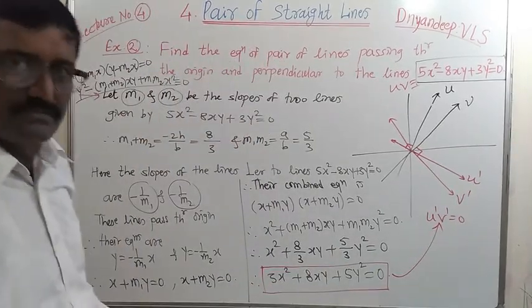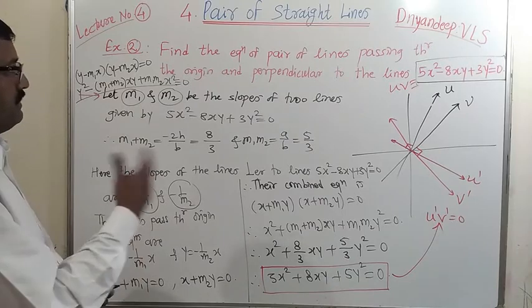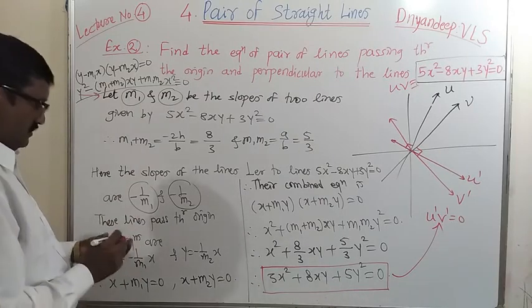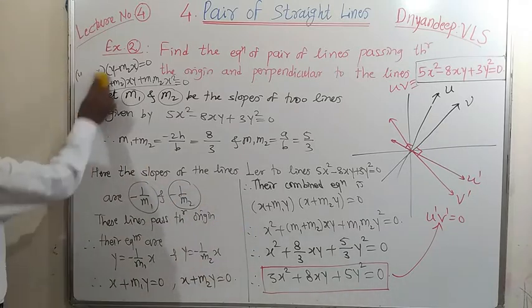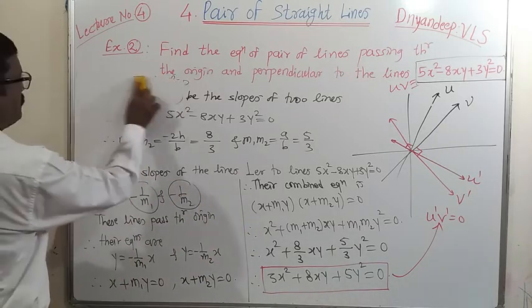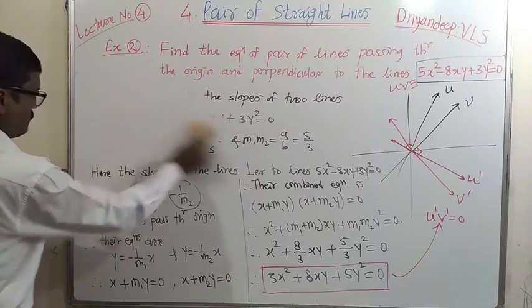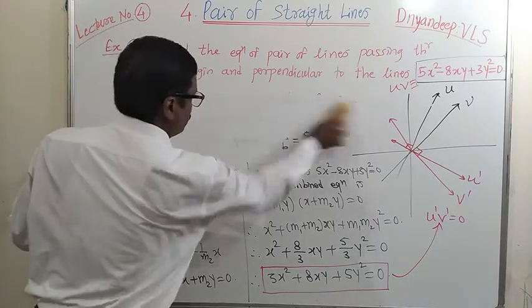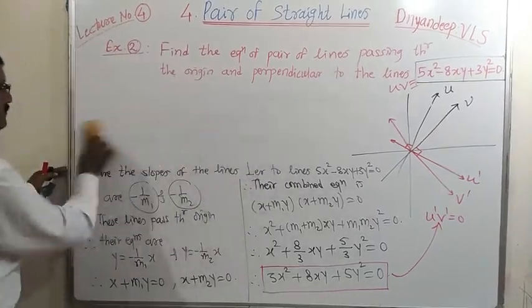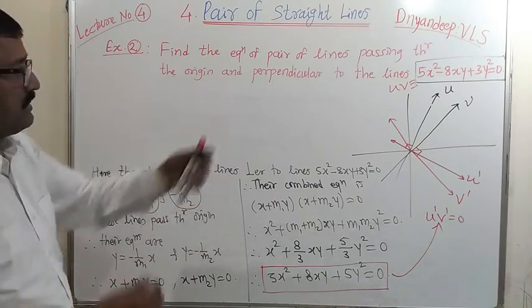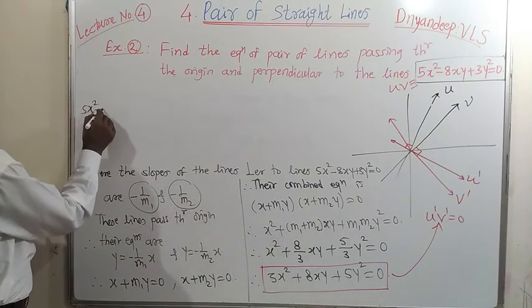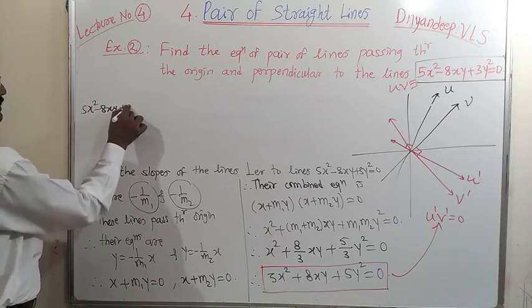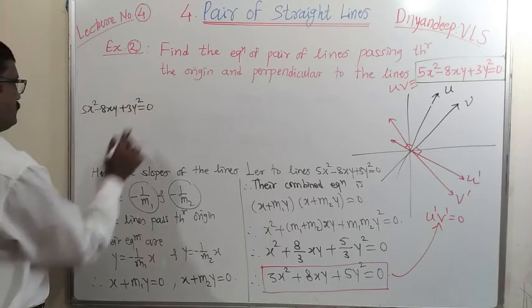Is it okay now? We can solve this example in another way also. Let us see that second way first, then we take more examples. I will give the hint for that only. Here the combined equation is given 5x square minus 8xy plus 3y square equal to 0.